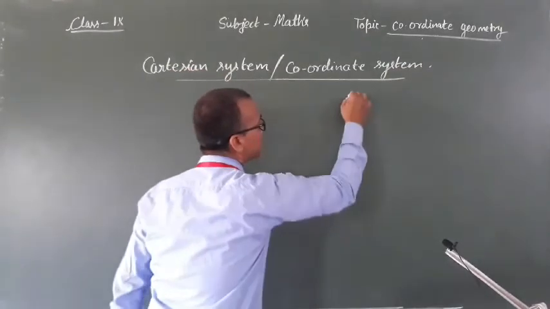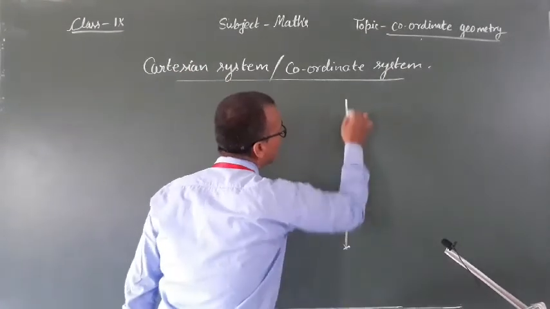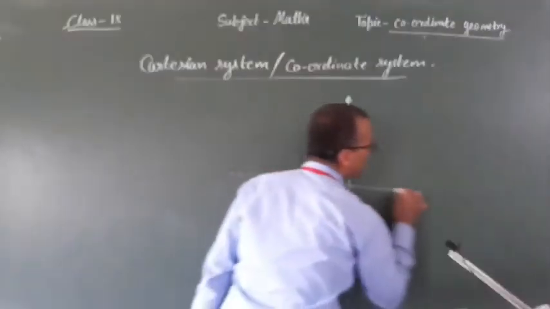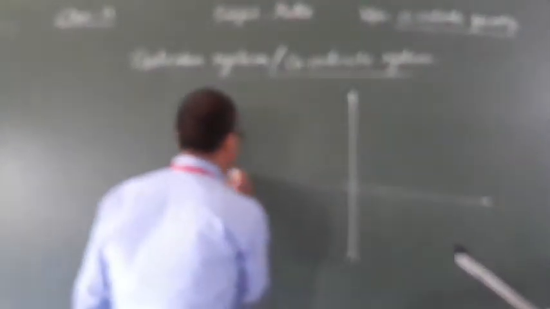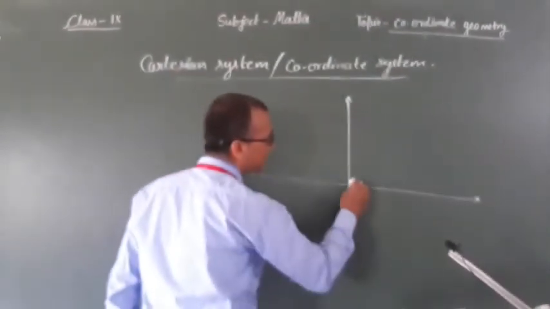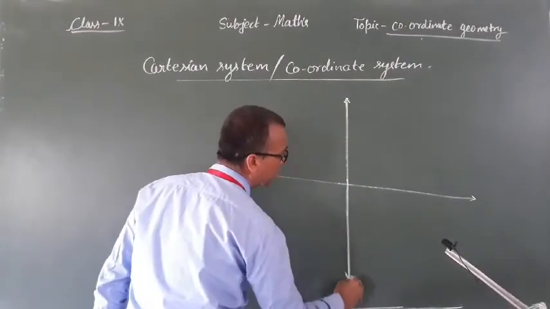The Cartesian system, or coordinate system, is a system in which a horizontal line and a vertical line intersect each other mutually perpendicular.